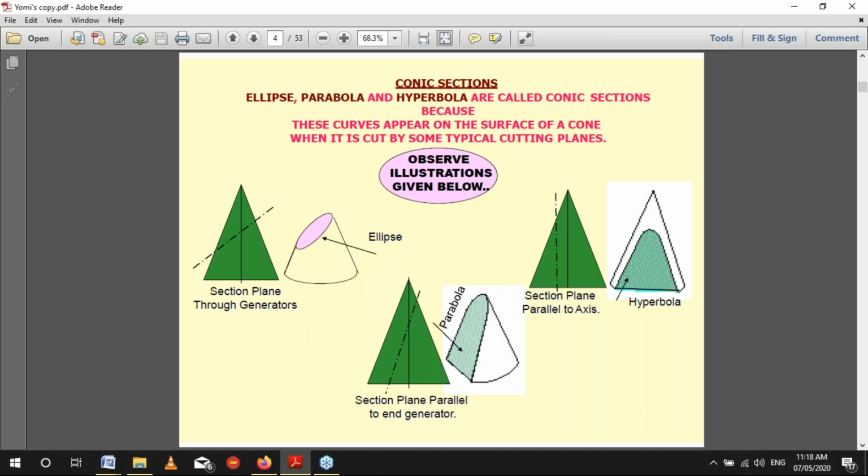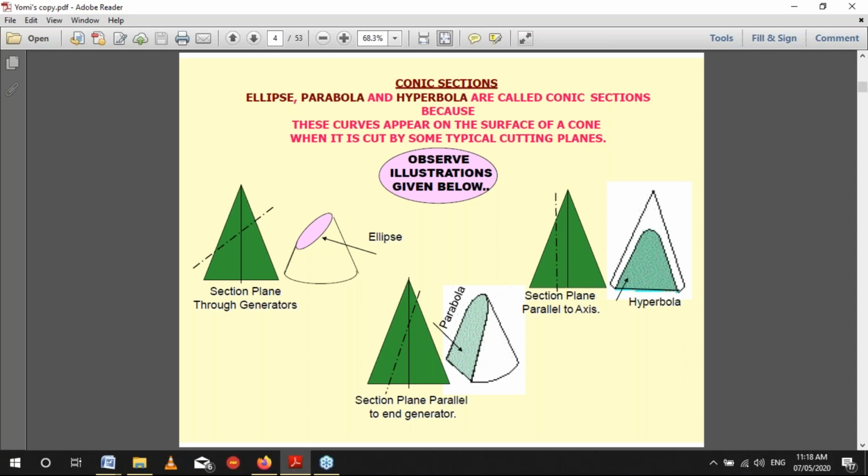So let's move to slide number 9, which says a conic is defined as the curve traced by a point moving in a plane such that the ratio of its distance from a fixed point and a fixed line is always constant.